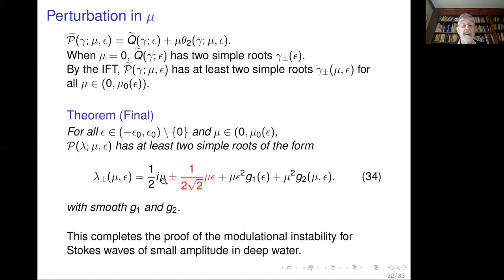So here's the imaginary part, and here it is bifurcating: the eigenvalues bifurcate from this point into one eigenvalue to the right and one eigenvalue to the left, with some error terms. And these really are error terms because this is mu epsilon squared, which is clearly smaller than that, and this is mu squared, which is clearly smaller than that. And so that's the proof.